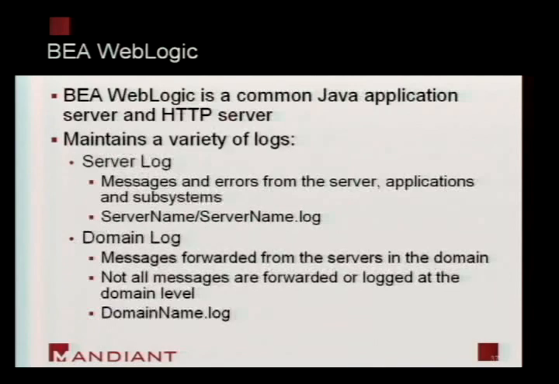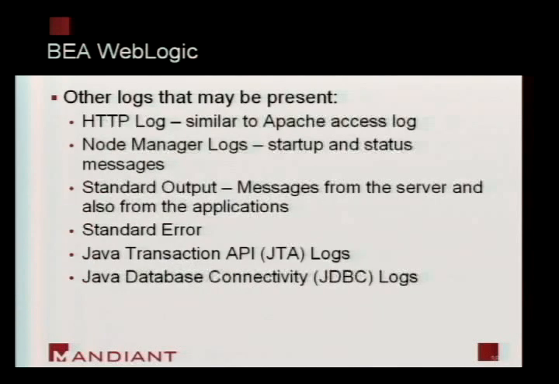So WebLogic is the most common Java application server that we see, and it has a variety of logs. I'm not going to read through all these slides. Like I said, these are more for your reference, but it's logging basic stuff from the application server level, at least, not from the application itself. And it also has its own modified Apache build that's included with it, and it has a lot of administrative stuff.